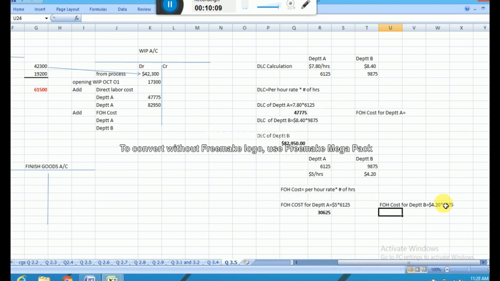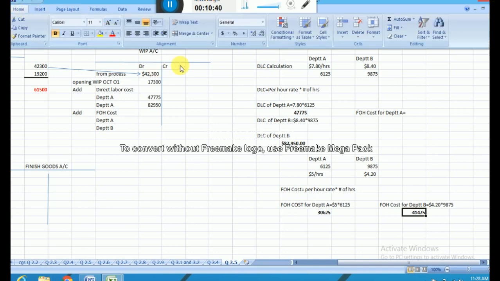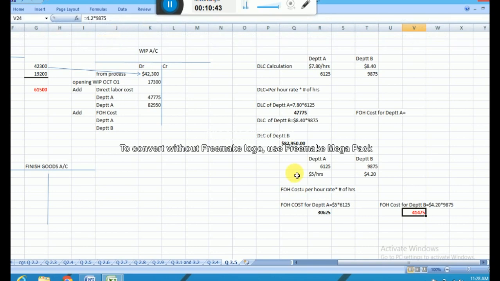So if I put these values in the formula, 4.20 multiplied by 9,875 is equal to 41,475. This is the factory overhead cost of department B.